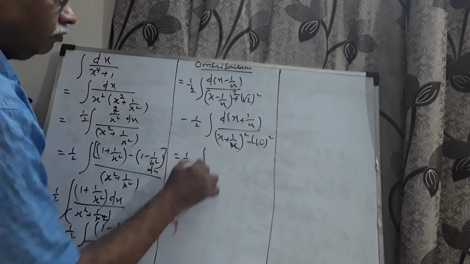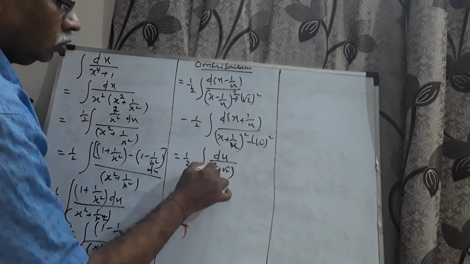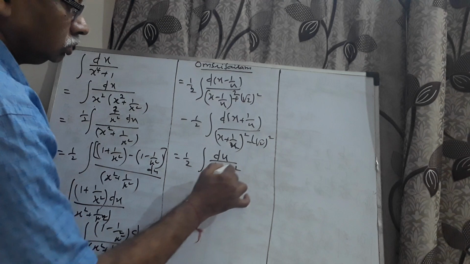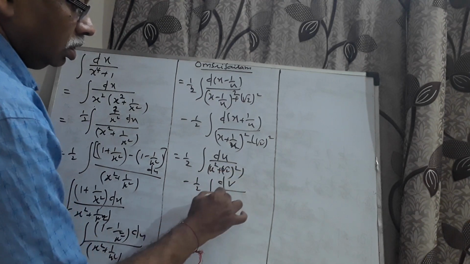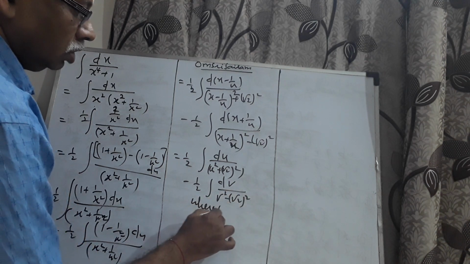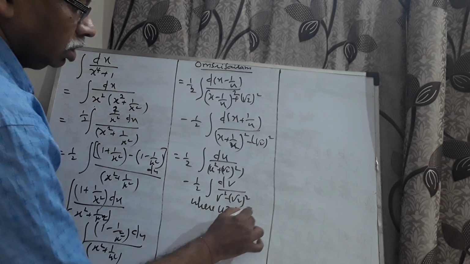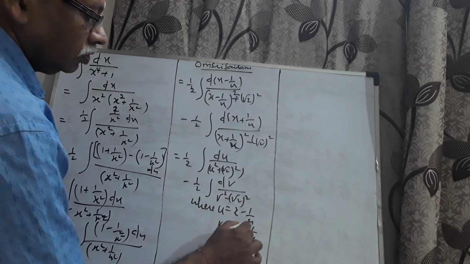Therefore, this will be half integral du by u square plus root 2 the whole square, minus half integral dv by v square minus root 2 the whole square, where my u is nothing but x minus 1 by x, v is nothing but x plus 1 by x.